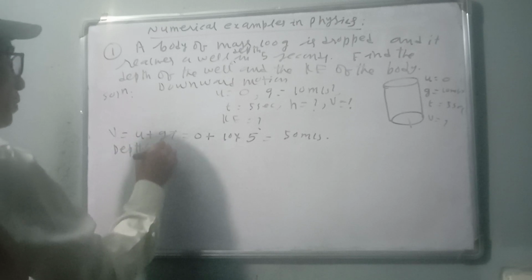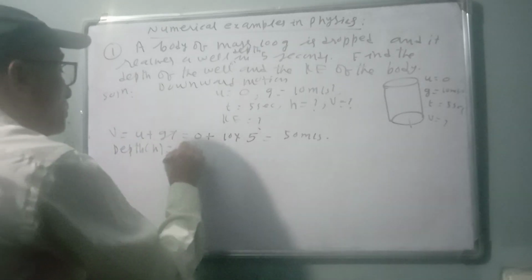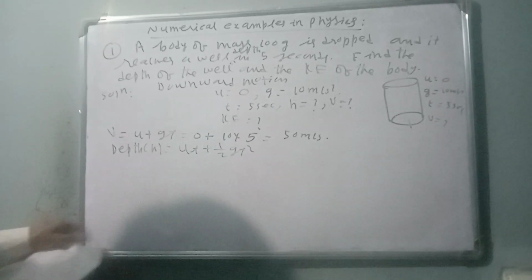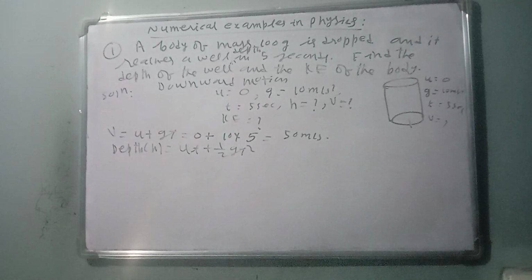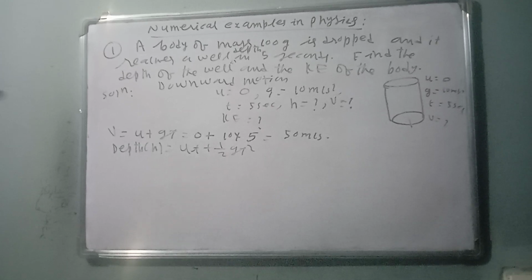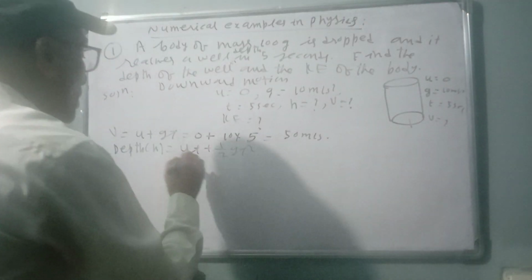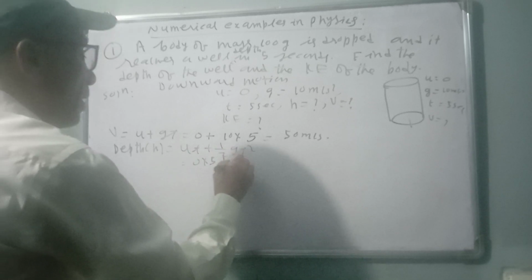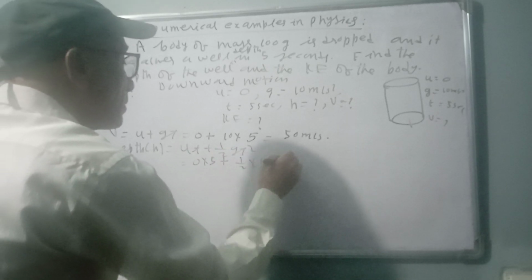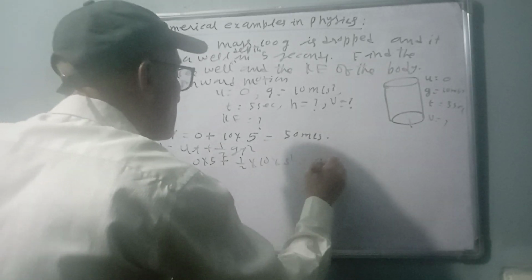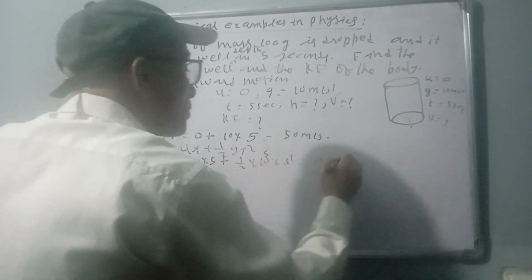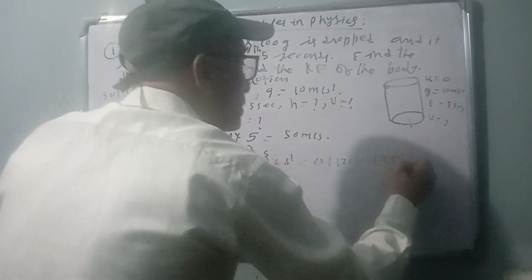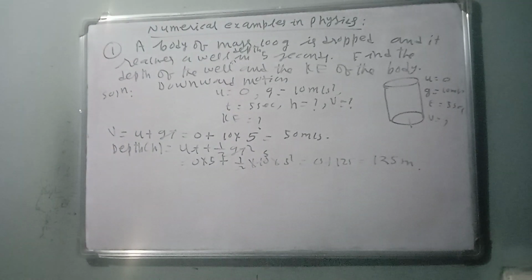Depth of the well is given as ut plus half gt square, or directly half gt square, because u is 0 for downward motion. u is 0, half into 10 into 5 square, 125 meter is the depth of the well.